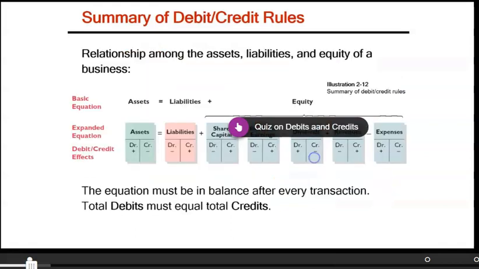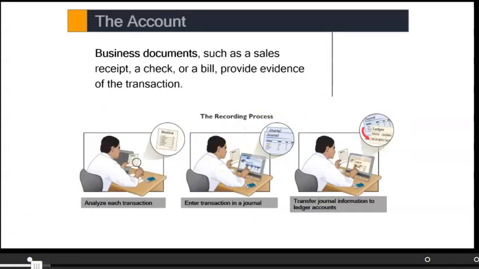Okay? There's your summary. You basically have to memorize this. And that's how we're going to record the transactions in the business document.